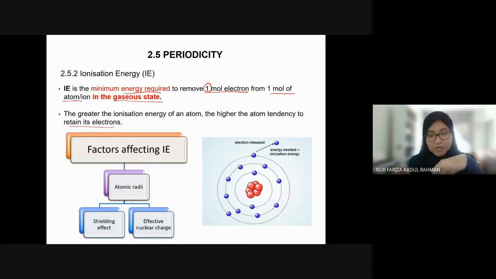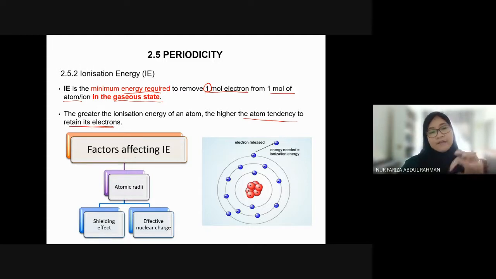Maksudnya, nukleus tu punya attraction dengan valence electron is very, very strong. Okay? In order to overcome the attraction, the energy required would be very, very high. Okay? So, kita boleh conclude that the greater the ionization energy, it means the attraction, okay, is stronger between the nucleus and the electron. Ataupun the higher the atom tendency to retain its electron, dia pegang the electron.